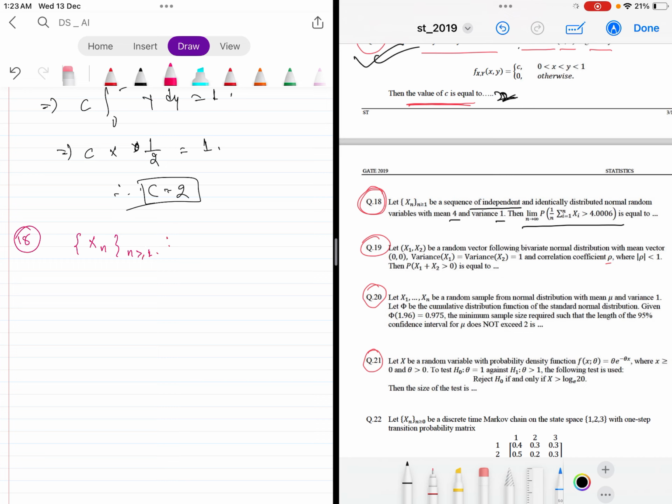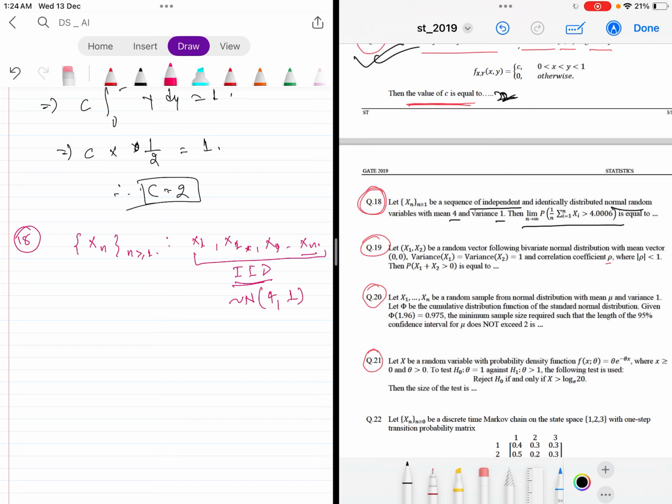So basically we have X1, X2, X3, all the way till Xn, and all these are IID normal random variables with mean 4 and variance 1.